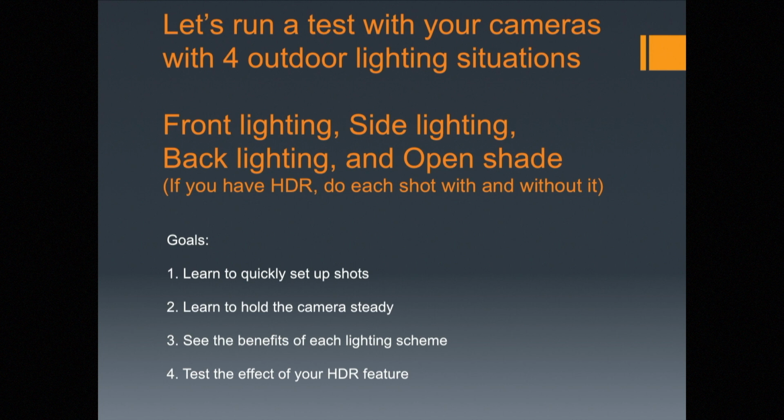And then you can see how well HDR works with your particular camera model. We want to learn how to quickly set up these shots, learn how to hold the camera steady, and see the benefits of each lighting scheme. And lastly, we'll want to test the effect of your HDR feature. That's why we're going to do these shots with HDR and without.